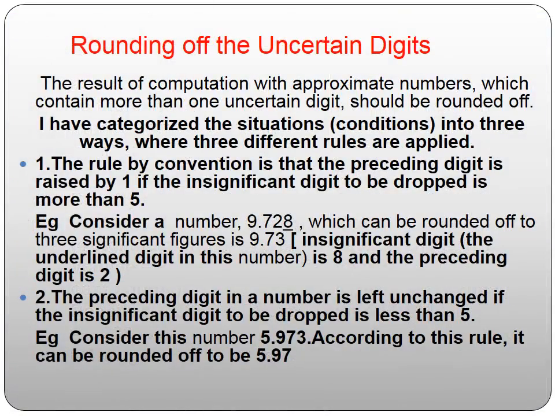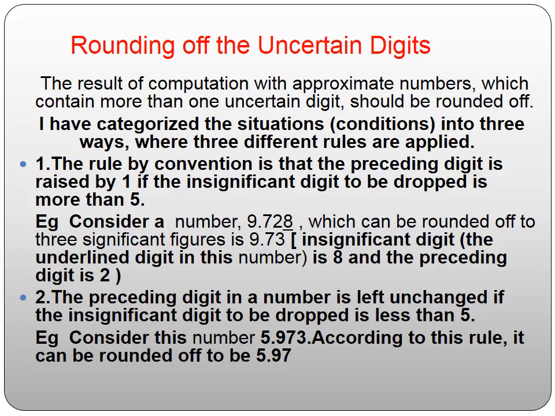Next, you are going to study how to round off the uncertain digits. It is very important to round off the result of computation with approximate numbers which contain more than 1 uncertain digit. Here, I have categorized the situations into 3 ways, where 3 different rules are applied.